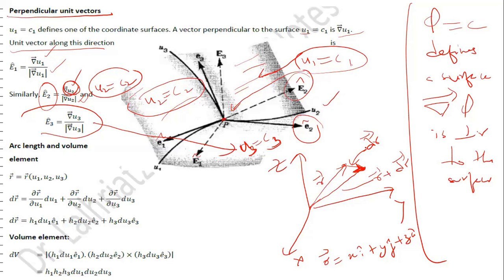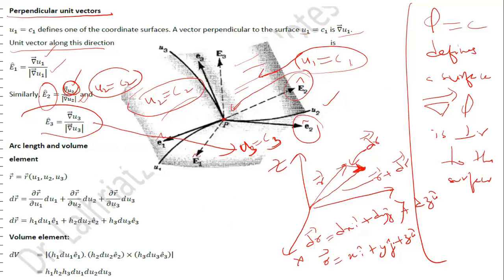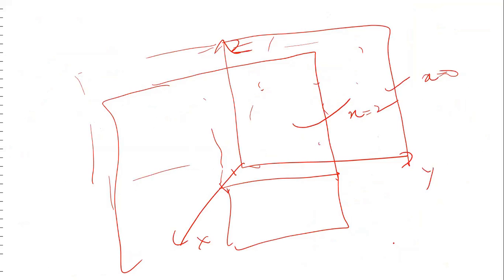So dr in this case will be dr vector equals dx i plus dy j plus dz k, which you can also obtain. You know that the position vector in this case is a function of x, y, z. So position vector r vector is xi plus yj plus zk.